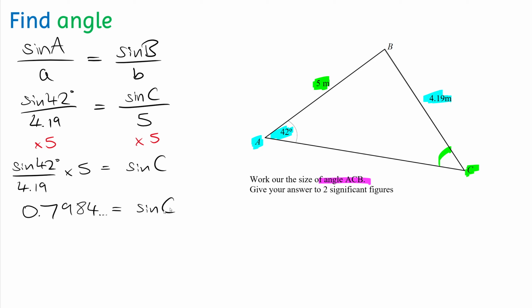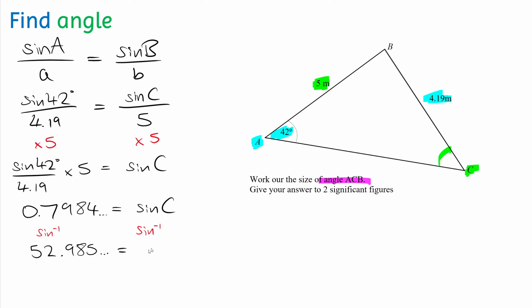At this point, we're trying to aim for C. We need to apply the opposite of sin. That's the arcsine function, the sin minus 1 function, the inverse sin function. And you just type in sin minus 1. And then that gets you 52.985 stuff. Of course it does.